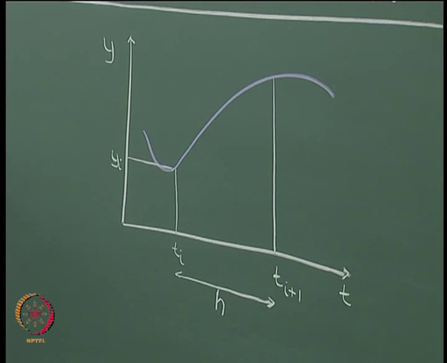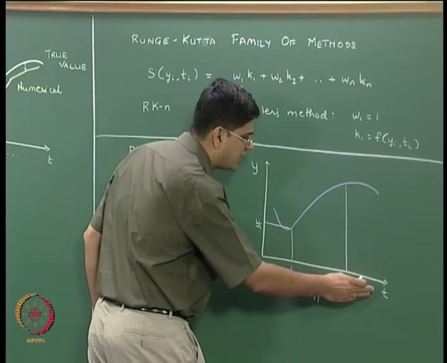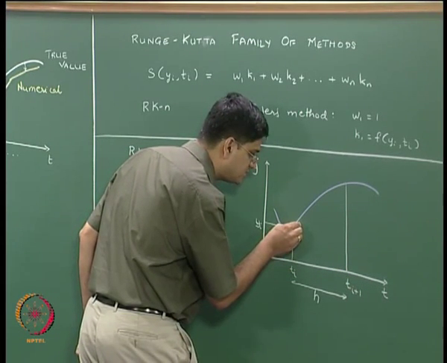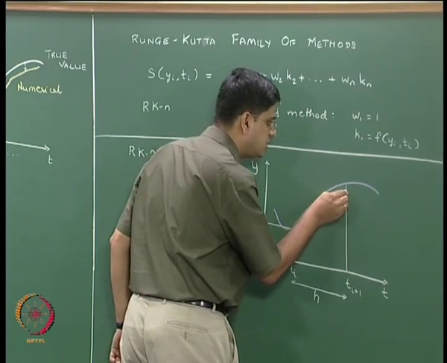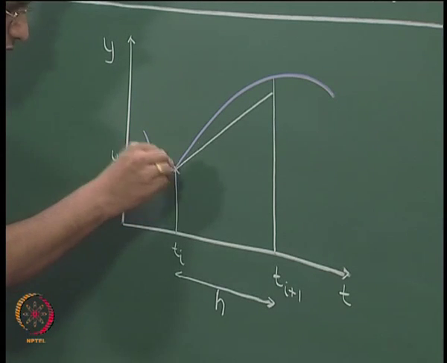Okay. So what we did with respect to Euler's method was we found the function f at ti comma yi, and that function was nothing but this particular slope. Let us just draw this particular line as the slope that has been computed at yi comma ti.